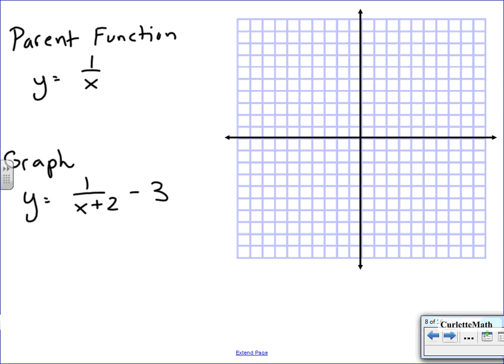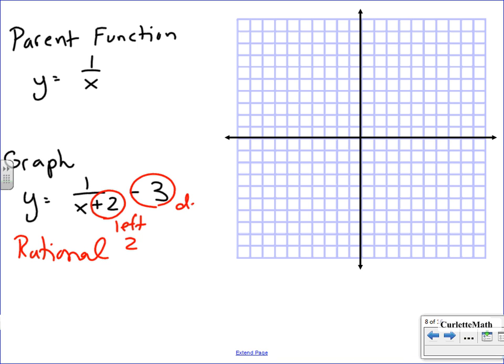What if we take a fraction, a radical function, or sorry, a rational function? Let me say that this is a rational function. Okay? So when we take this, that's opposite, so we're going to go left 2 and down 3. So 1, 2, so -2, and down to -1, -2, -3.